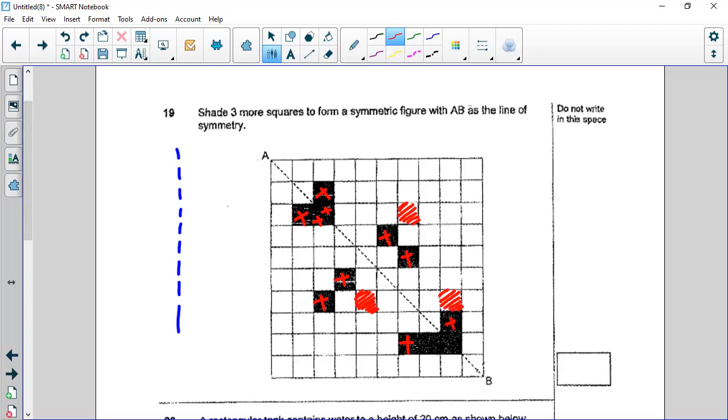And then this square and this square are opposite each other, triangle, triangle, opposite each other. So these are the three missing squares. If you have difficulty trying to find the squares, you turn the paper until the symmetry line is vertical in front of you. Okay, question 20.